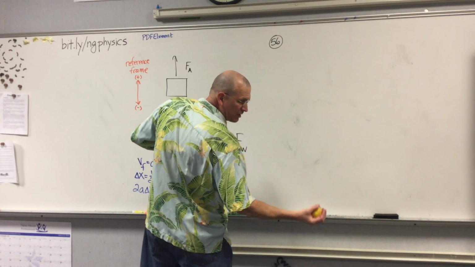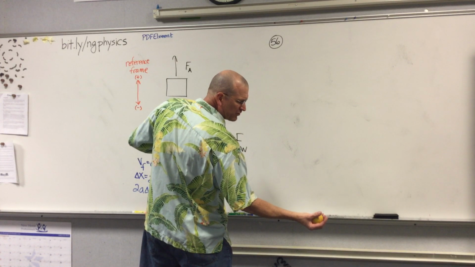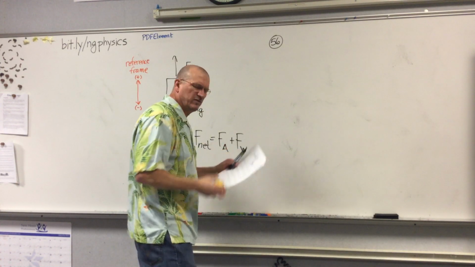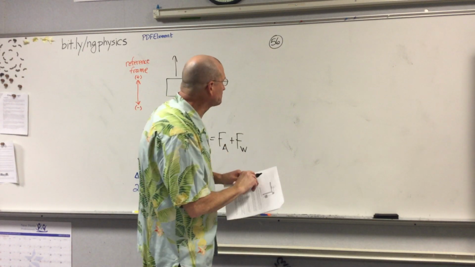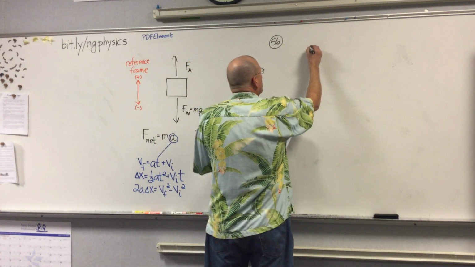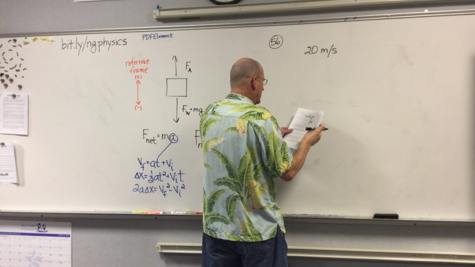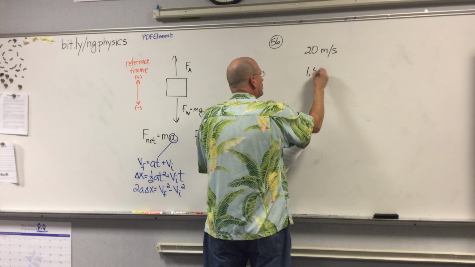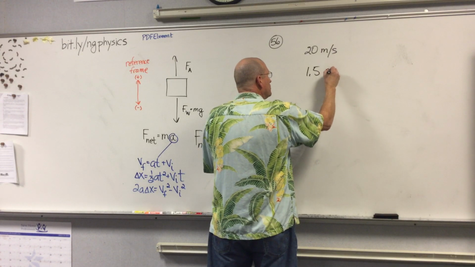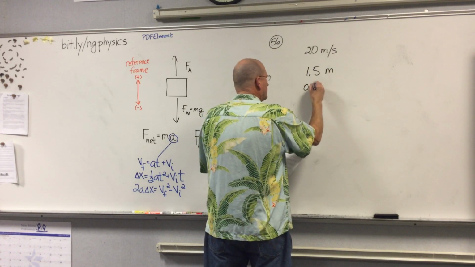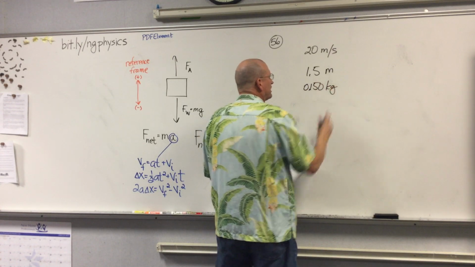So if you imagine a pitcher, being upset and then going to throw the ball upward, the idea is that from the bottom, it starts from rest, and then by the time he ends up letting go, it is moving at that 20 meters per second. So we have 20 meters per second. They give us 1.5 meters, and they have 0.150 kilograms.